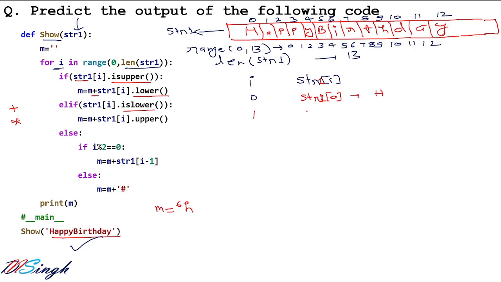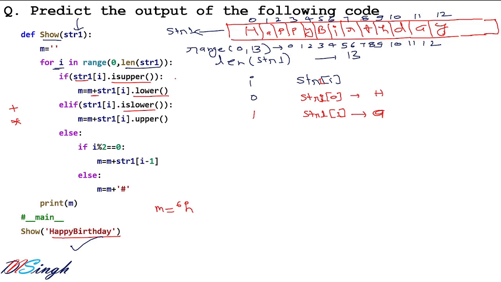I value is 1, then str1 of 1, the value at index 1. Okay, what is that operator? It is the square bracket subscript operator, that is called value at index. So the value at index 1 is small a. Here small a, so in the first if condition, is str1 of i in uppercase?